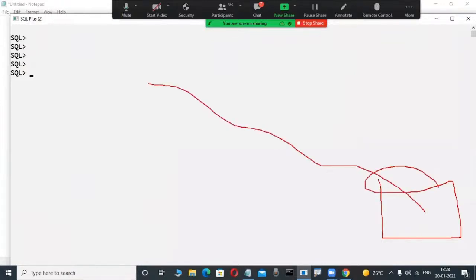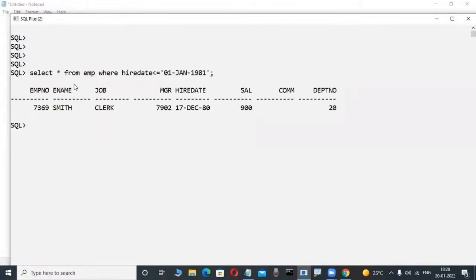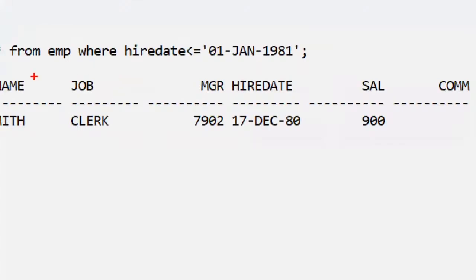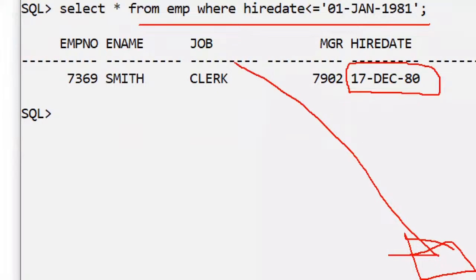How do they fetch this data? They write queries. These are called queries. Observe here: select star from table name where hire date is less than or equal to, for example, 1st January 1981. Just by writing queries like this, the data is automatically displayed. With a single line of code, the employees who joined before 1981 are automatically retrieved from the database.